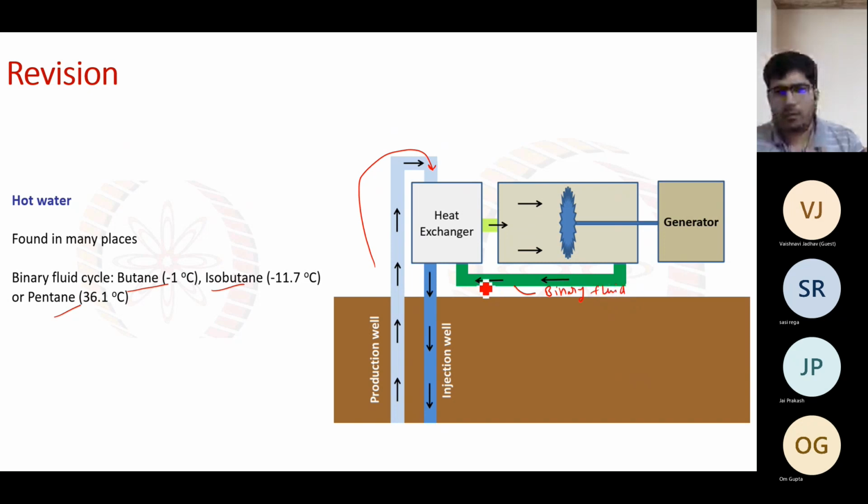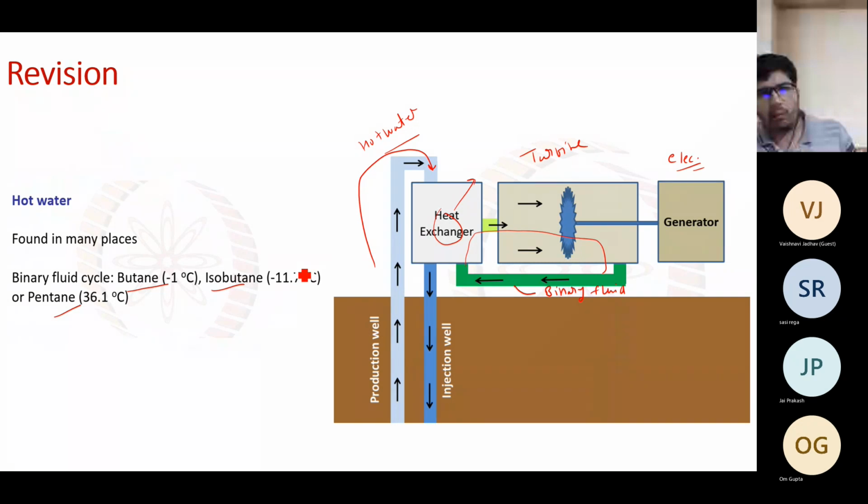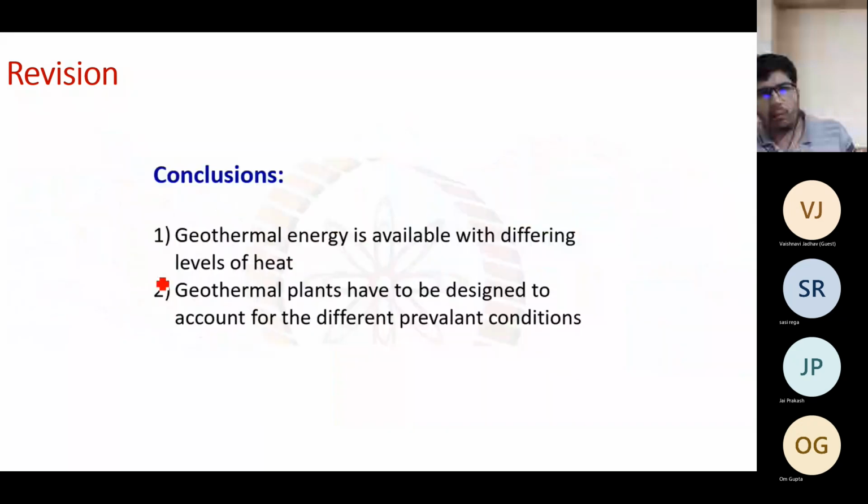This binary fluid works in a closed cycle, exchanging the heat in the heat exchanger with hot water. In this way we can run the turbine and generate electricity. So these are the fluids: butane, isobutane, pentane.